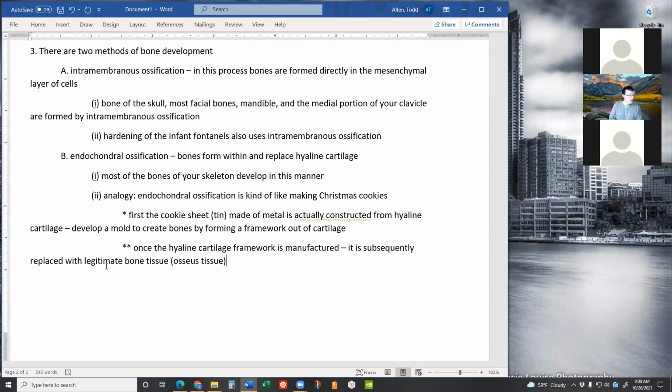Number 6, formation of the articular cartilage and the epiphyseal growth plates, right? Both structures consist of hyaline cartilage. The articular cartilage is made of hyaline cartilage that lacks a perichondrium, and then there is also hyaline cartilage in the epiphyseal plate, which does contain perichondria.